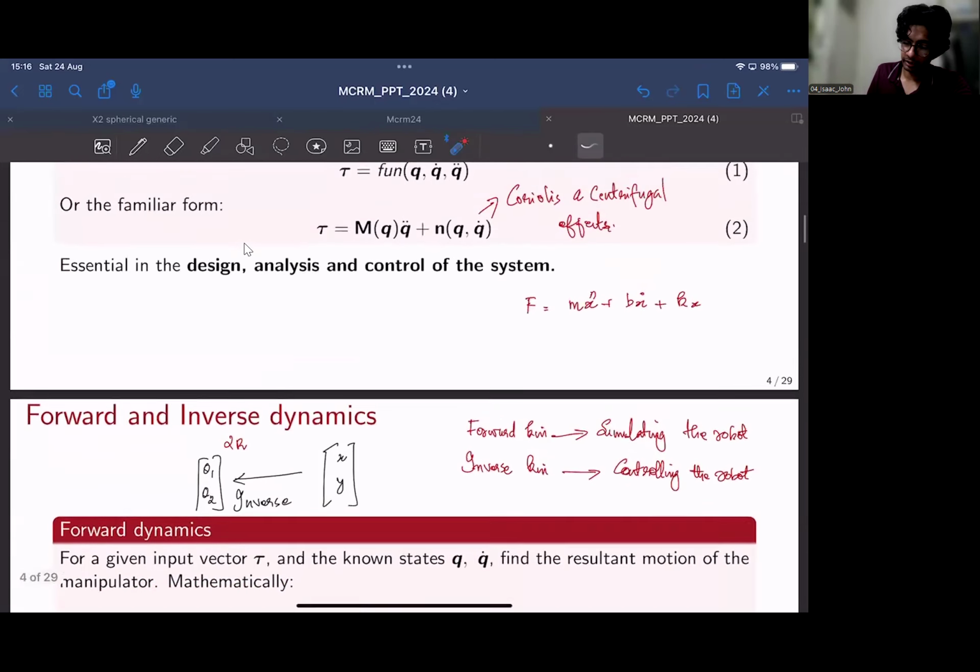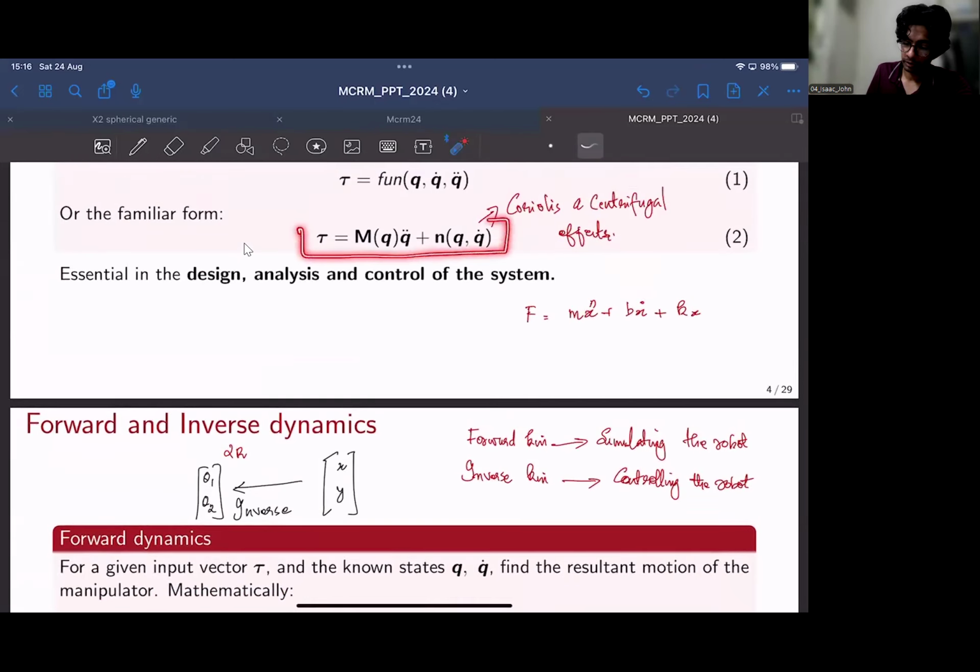From this earlier well-known form, you are already given this vector tau, the input to the joint, and you also know the initial conditions defined by q and q dot. So the only unknown that remains is q double dot.